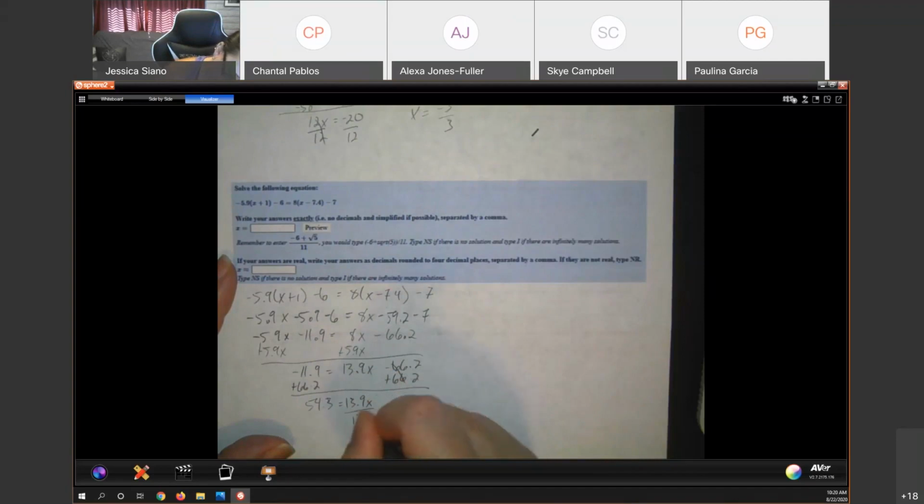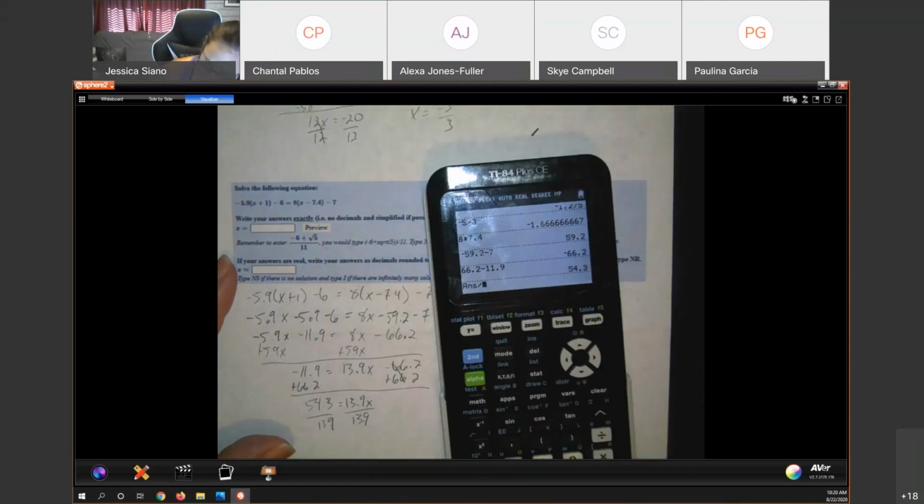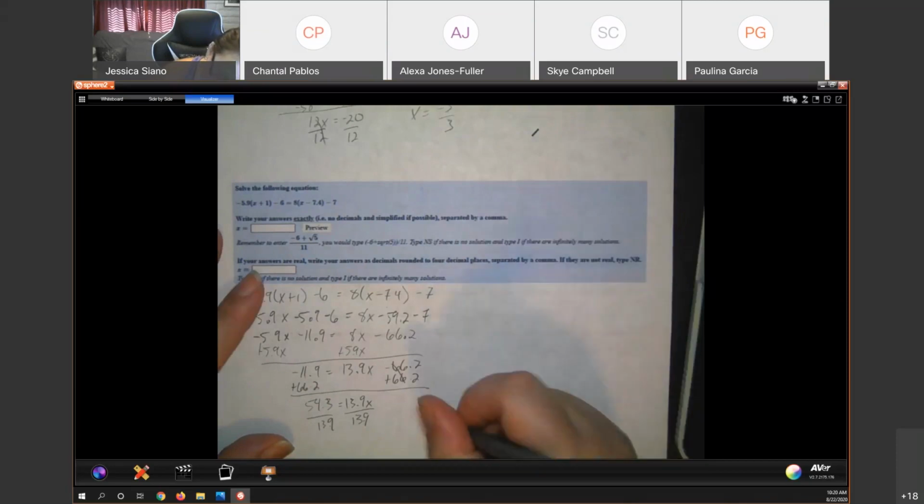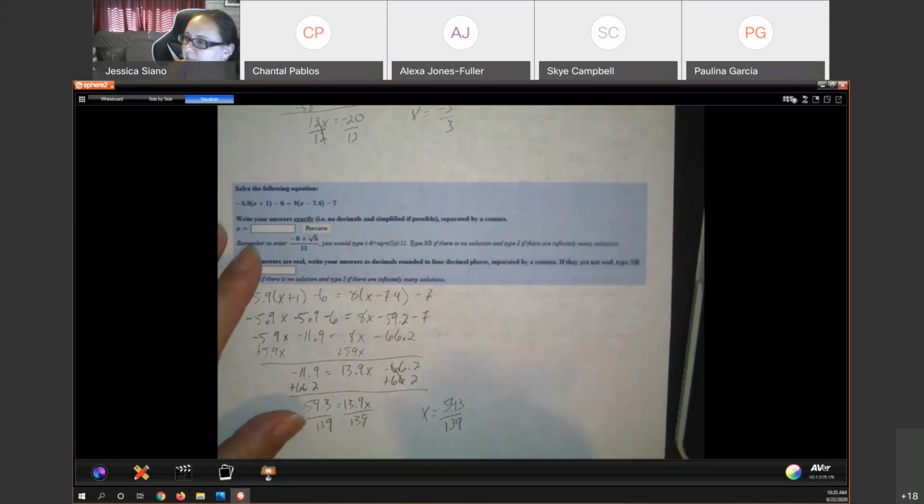Divided by 13.9. Let's see if we can turn this into a fraction. 543 over 139. So in your exact answer, you would want that fraction.